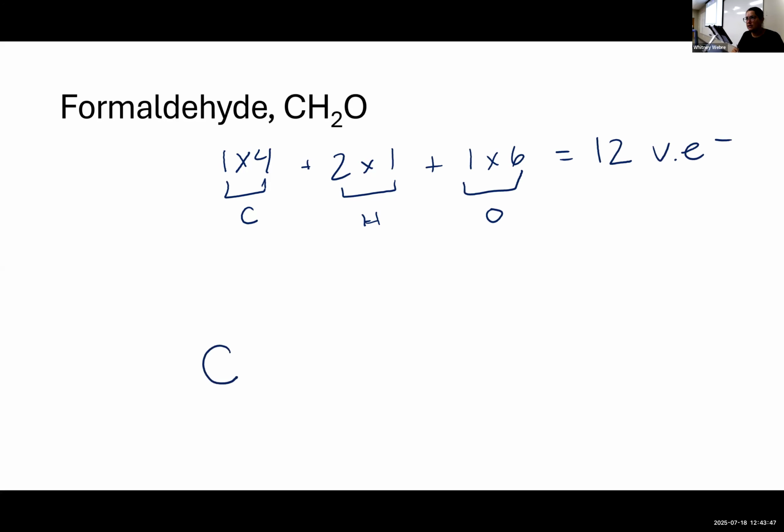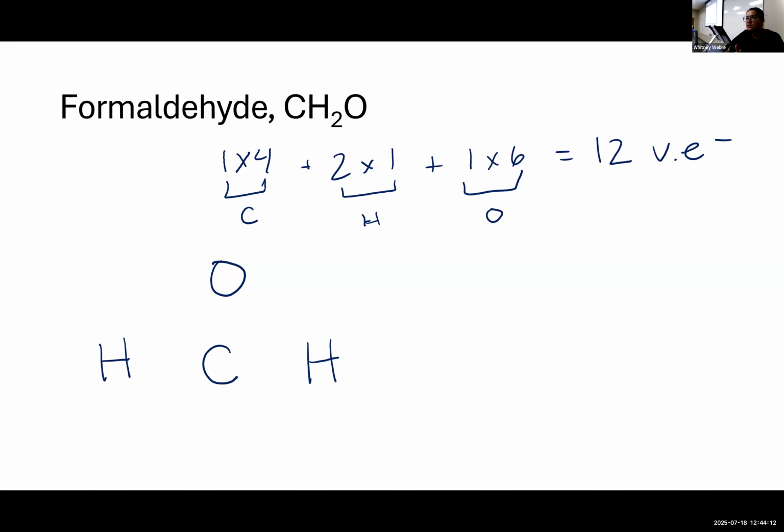I know that y'all already did this last class, so I'm going a lot faster through this instead of slowing it down like y'all did with Dr. Patterson. But carbon will be the central atom. It is the least electronegative, and hydrogen is less electronegative, but it's never the central atom. Carbon is not as electronegative as oxygen. So this would be the setup.